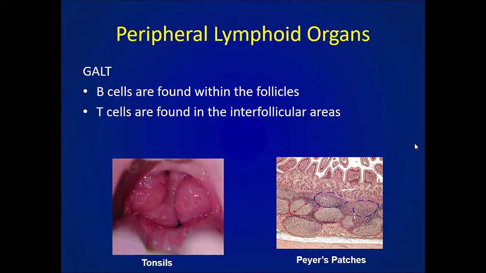On the left of the monitor, we have the tonsils. This can reach grade 4 enlargement of the tonsils, usually seen in patients having tonsillitis. Then we have the Peyer's patches.